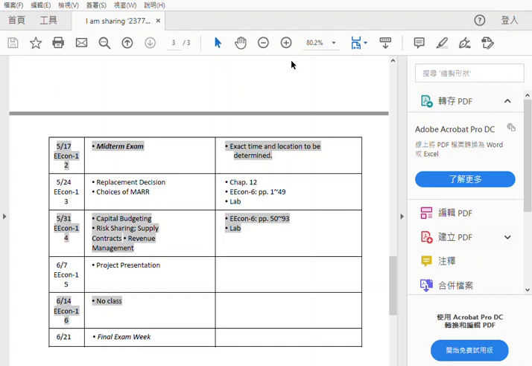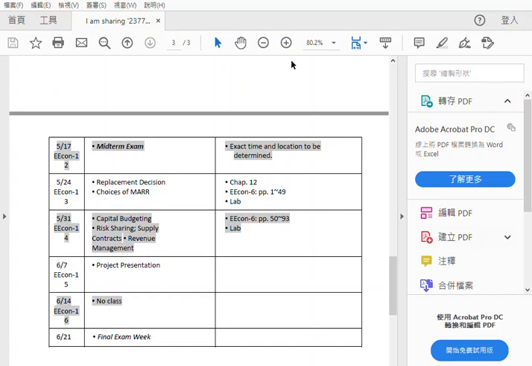So that would be a holiday for the Monday classes, and June 21st will be the final exam. We don't have classes. Our school also adjusted the semester schedule from 18 weeks to 16 plus 2. So we are still getting used to how we should do it.